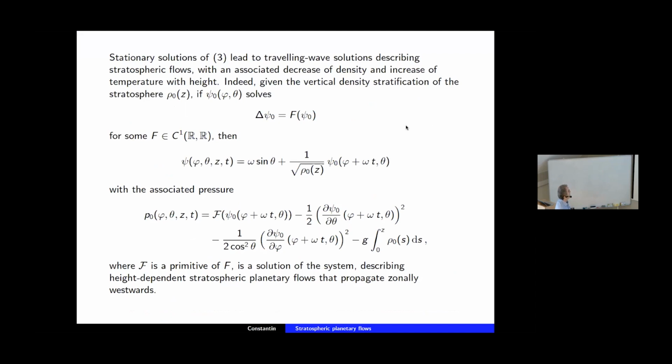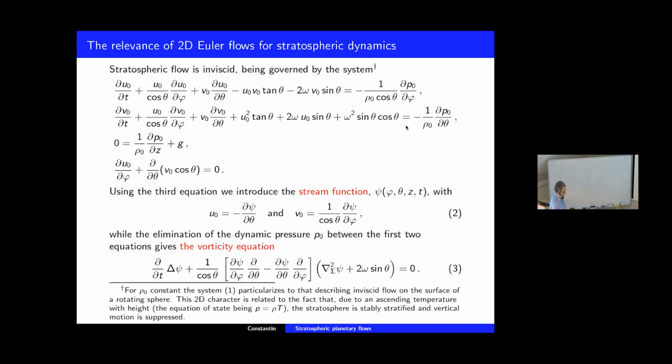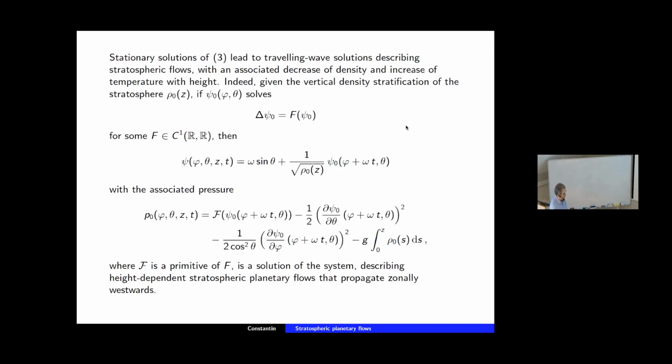Right, so the next thing that we want to do, stationary solutions of this lead to traveling wave solutions. Basically, we will try to solve this elliptic equation, where delta is the Laplace-Beltrami operator, and if we find a solution of this, then this is how you can accommodate it to a three-dimensional solution that is time-dependent.